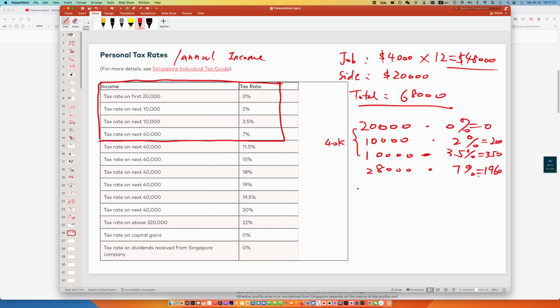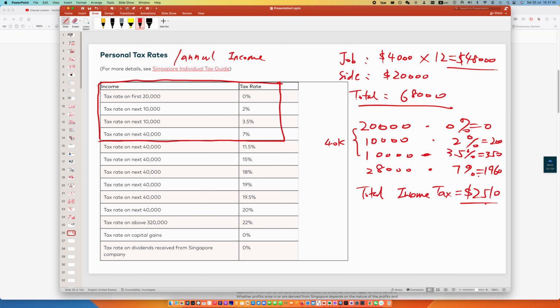So what's the total income tax for this person? 200 plus 350 plus 1,960 is 2,510. So the person needs to pay $2,510 a year for income tax.